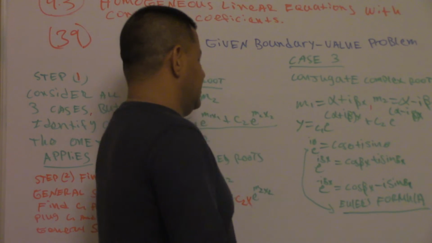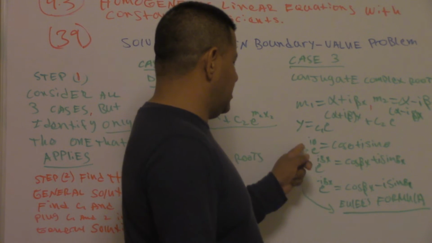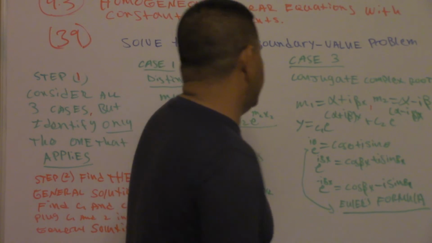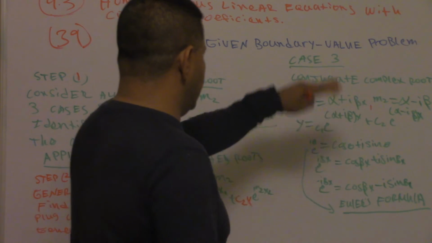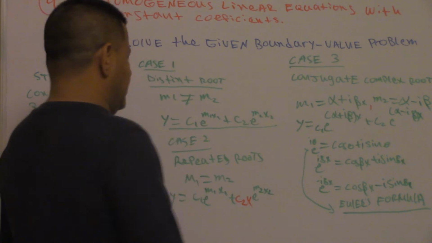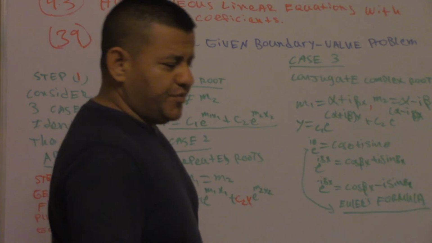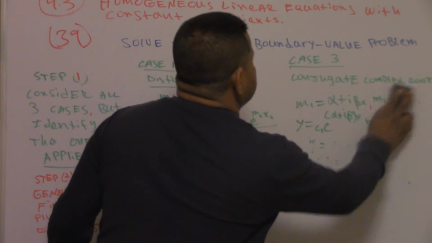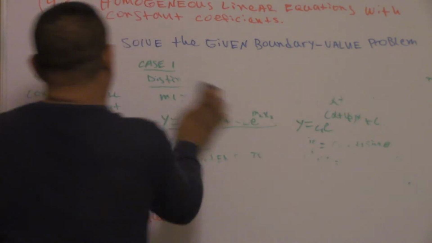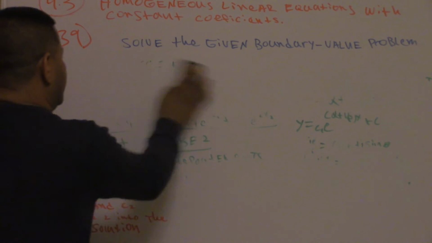And this, again, is called the Euler's formula. So now, let me erase this so I can start working on the problem, and then we will do problem number 39.